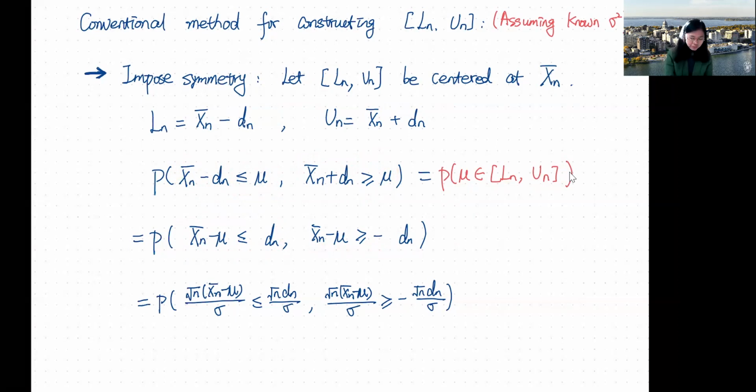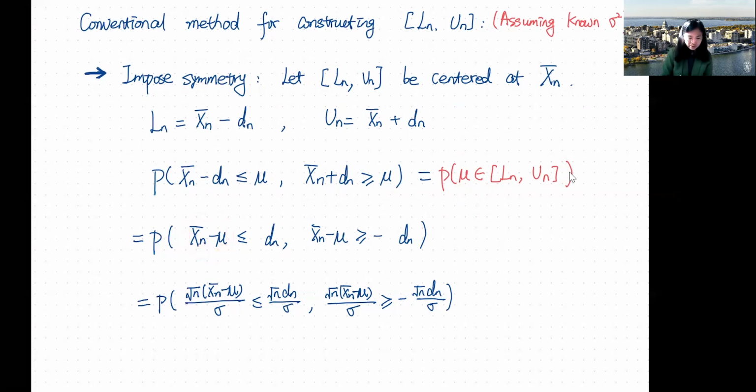The reason we want to bring mu together with Xn bar is that this difference is something we can apply the central limit theorem on, so that we can figure out the distribution of this quantity.